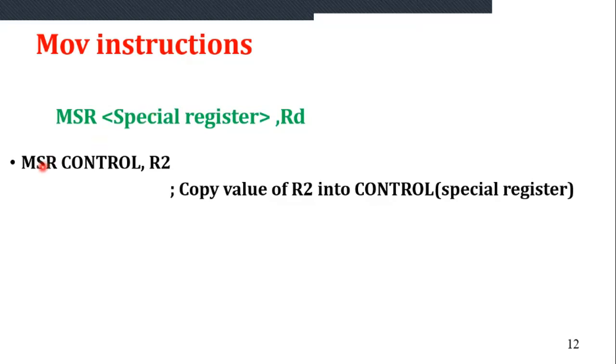Suppose here we use MSR, control register, Rd; you can take any one of the registers. Here you can see it copies the value of R2 into the CONTROL special register. If you want to write something in a special register, maybe BASEPRI or FAULTMASK, an immediate value is not possible directly; it is possible with the help of a register. So to do this, I look for the MSR instruction.